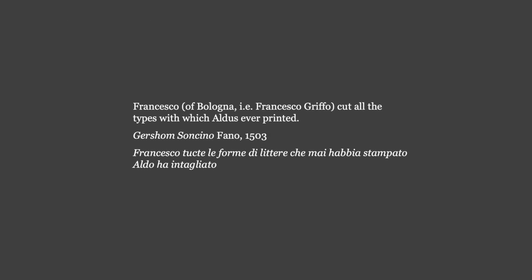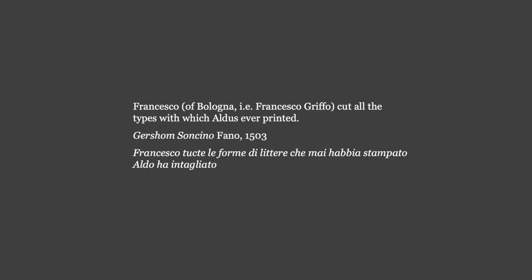Well, there we are. A fascinating character, because the types of Francesco Griffo, as we shall see, have an enormous influence on later Roman type. But first of all, we'll leave with a couple of remarks. According to Soncino, Gershom Soncino, he did all the types that Aldus used: Greek, Roman, and Italic.